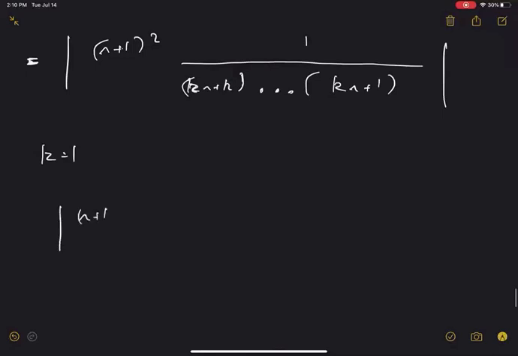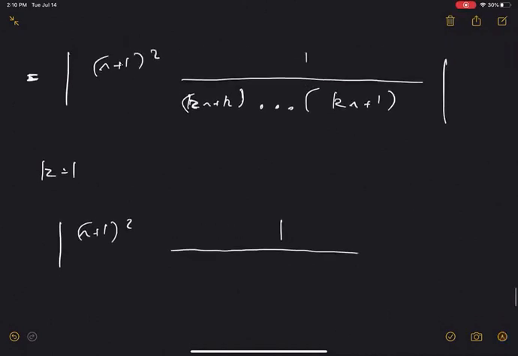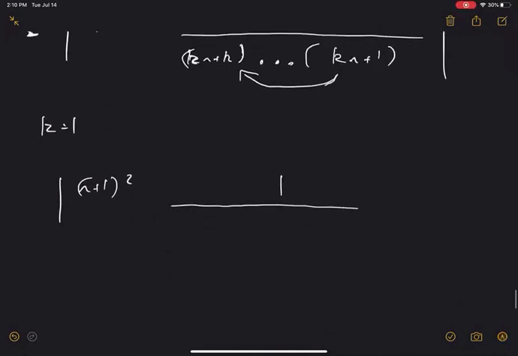I get n plus 1 squared. And then what does this fraction become? Okay. Notice that this is like an increasing list of numbers, right? We're starting at kn plus 1 and going to kn plus k. So if I plug in 1 for k, the range is from n plus 1 to what? N plus 1. Okay, well, that's just the same number, right?